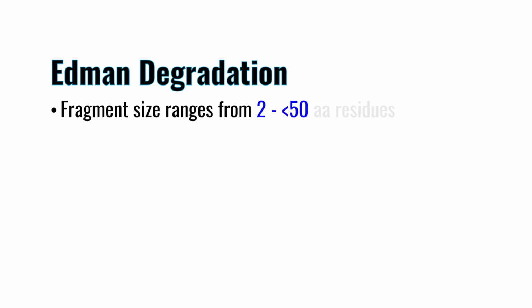So finally, just to highlight Edman degradation points, it works well with shorter peptides ranging from 2 to 8 amino acid residues, although it can handle peptides up to less than 50 amino acid residues.